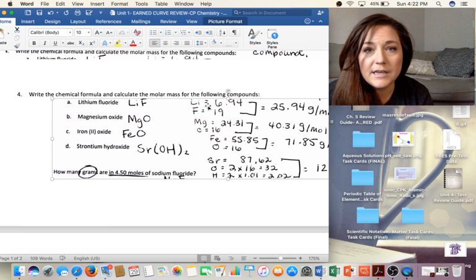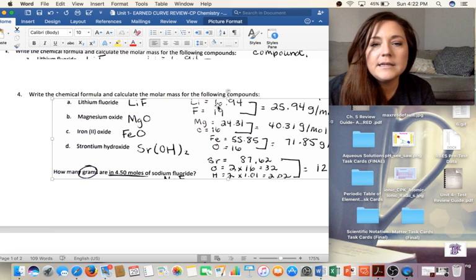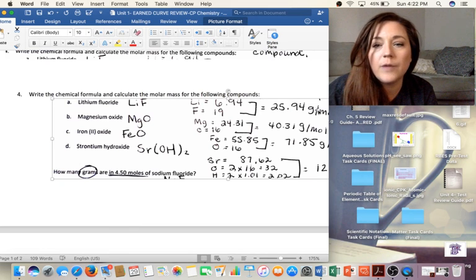When you look at the periodic table, lithium has 6.94. Then fluorine has 19. When you add them together, you get 25.94 grams per mole.